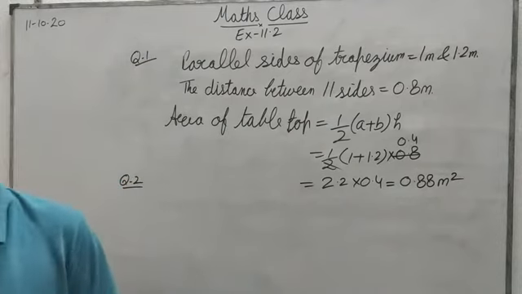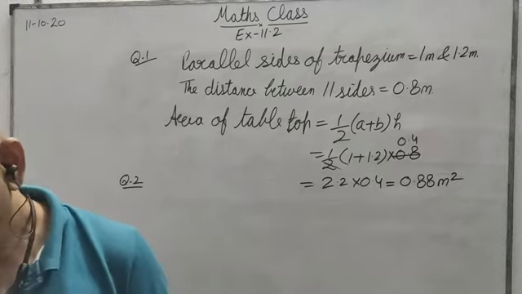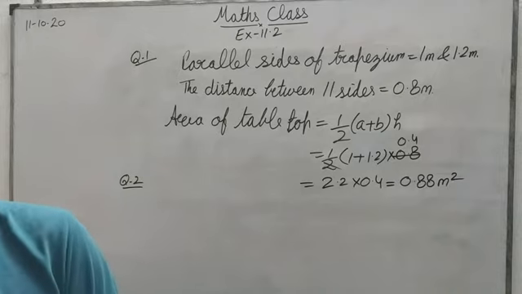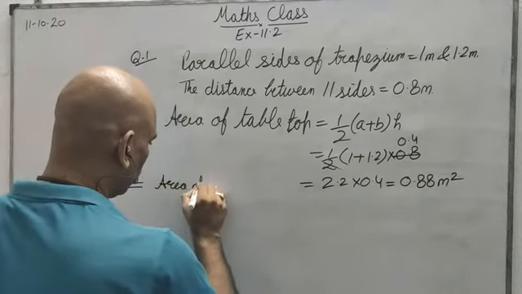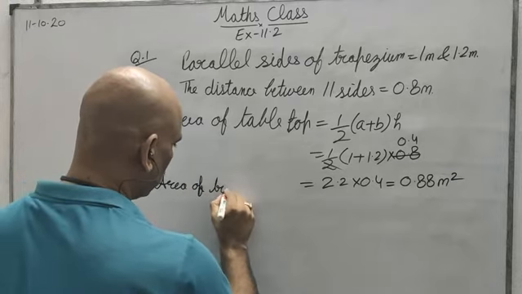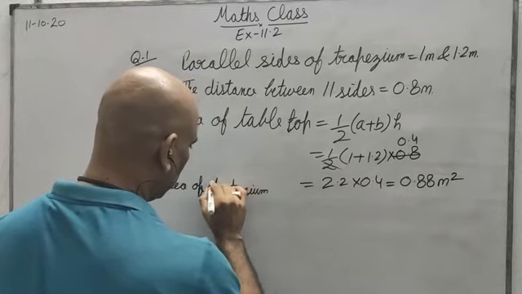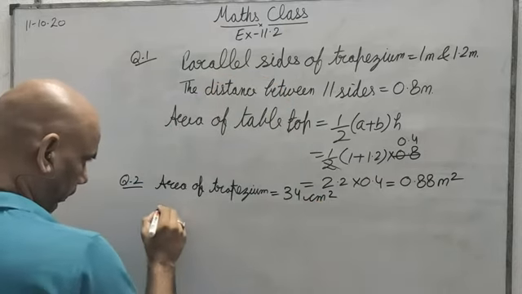Let us see if question number 2 can be accommodated on the board or not. What is question number 2 saying? The area of a trapezium is 34 centimeter square. The length of one of the parallel sides is 10. Its height is 4. Find the length of the other parallel side. So area of trapezium is given, that is 34 centimeter square.